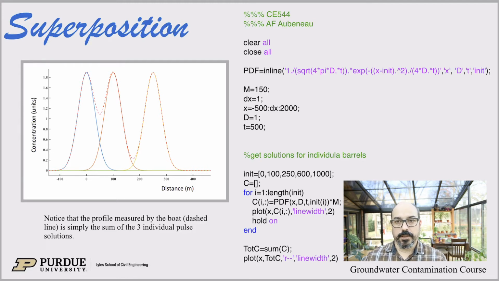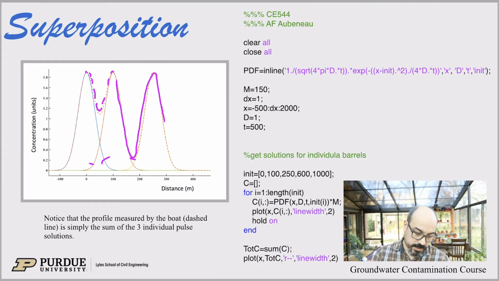Each barrel being a pulse, what you end up with is 3 independent solutions that you can superpose, or just sum together, to get the solution for the case of the 3 barrels. This is really the principle of superposition. Again, remember your wells hydraulics course where we did the same thing for several wells. You can see here the individual pulses in different colors, in blue, in orange, and in yellow. And then when you sum them, you end up with this dashed curve, which is just the sum.